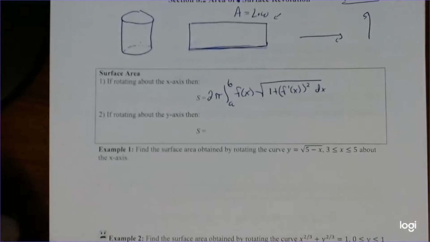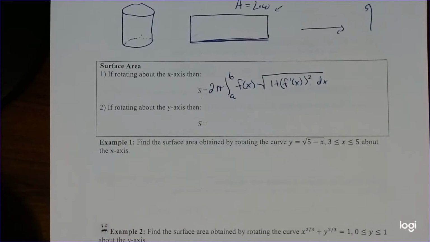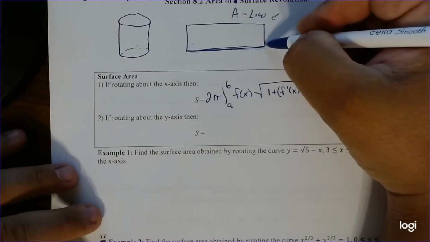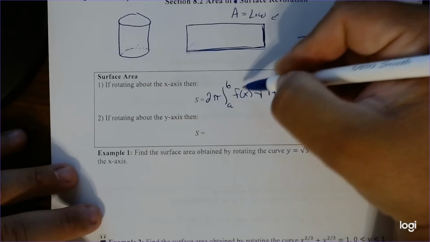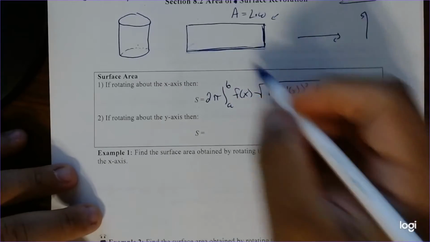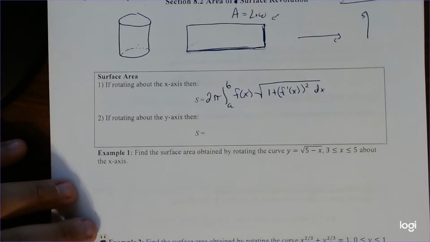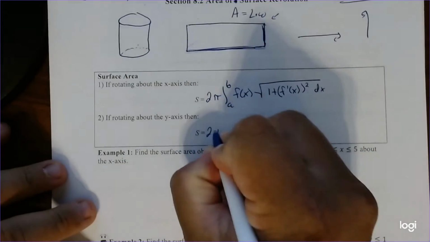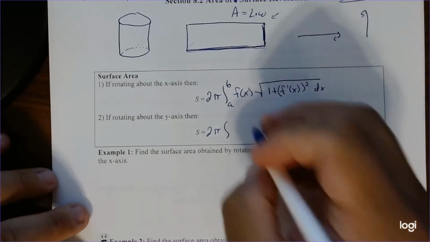So it's more practice with arc length. Kind of makes sense, right? Length times width. The function gives one dimension, and then the arc length from there to there. And if you rotate it on the y-axis, same process, but we integrate with respect to y instead.